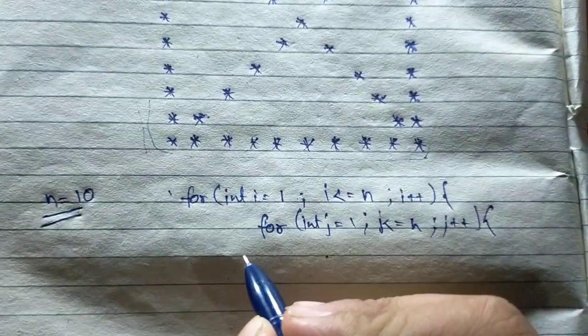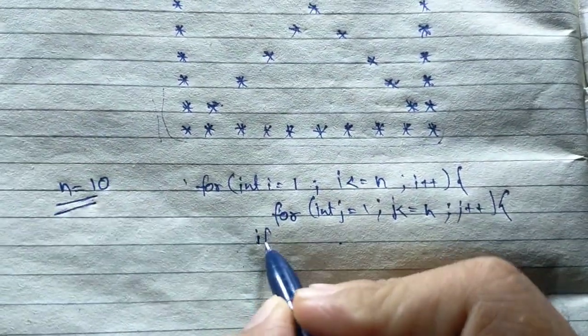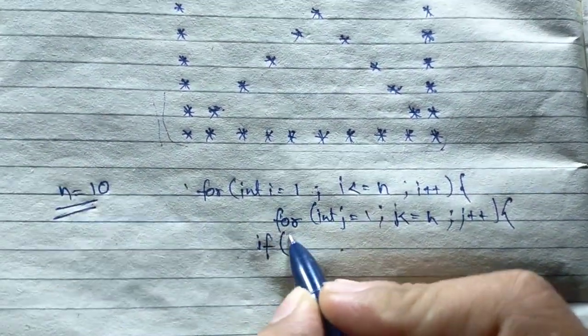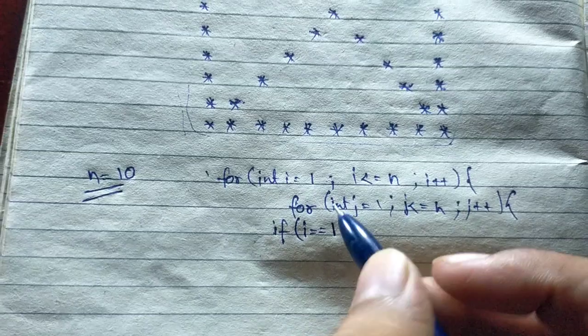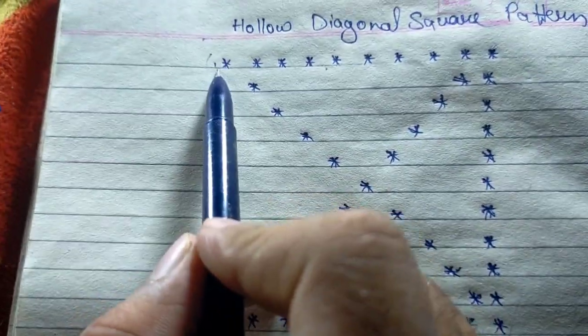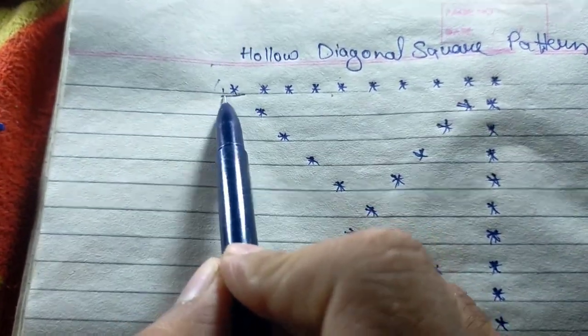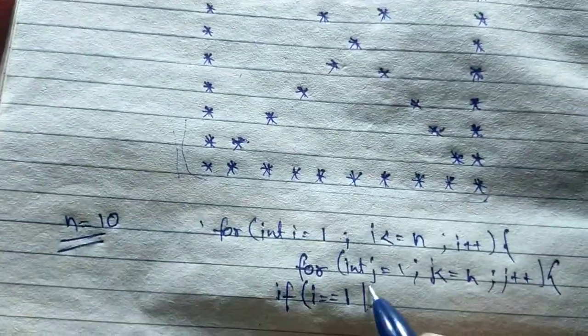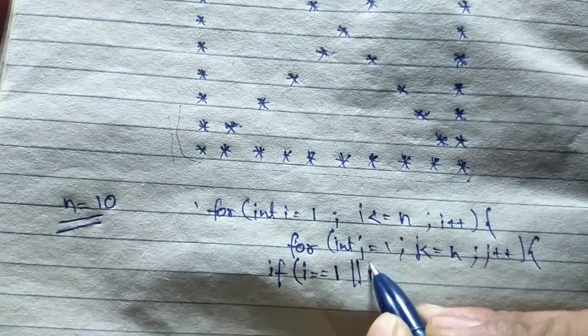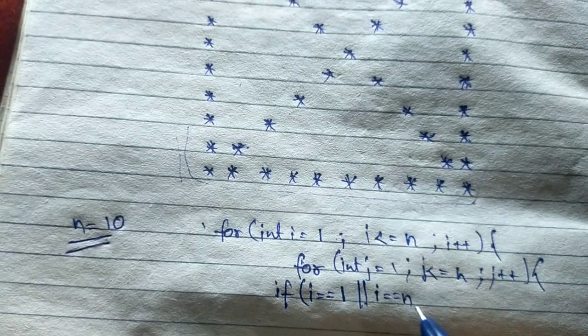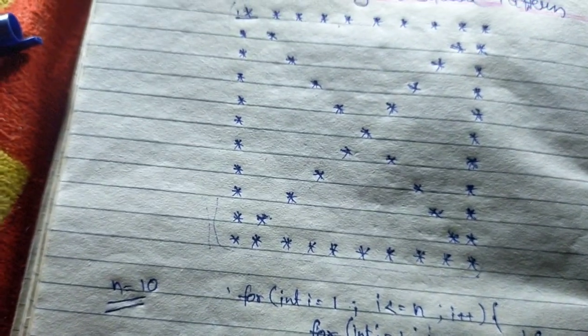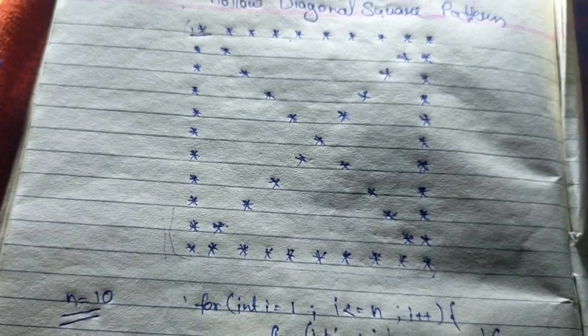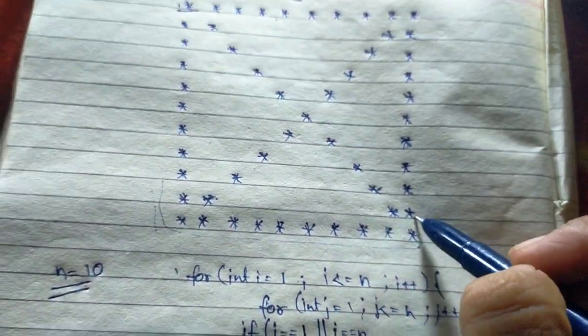In the previous hollow square pattern, if i equals 1, meaning the row has started from 1, then print the whole row of stars. If i equals n, meaning the value of i is the last, then also print the whole row.